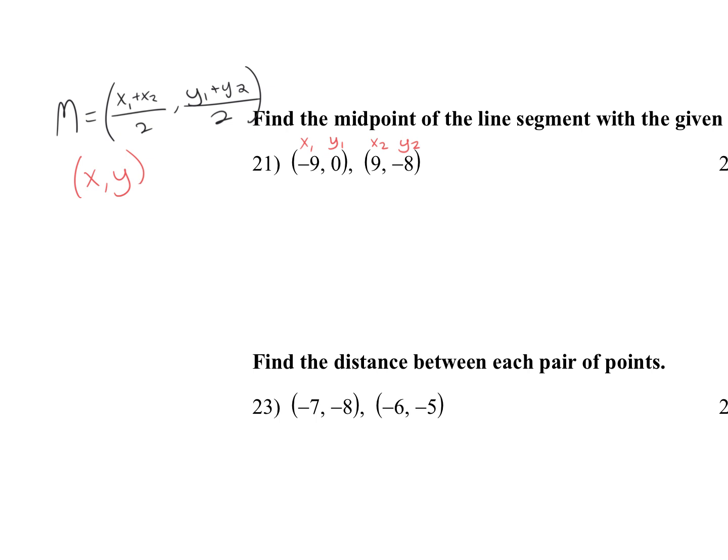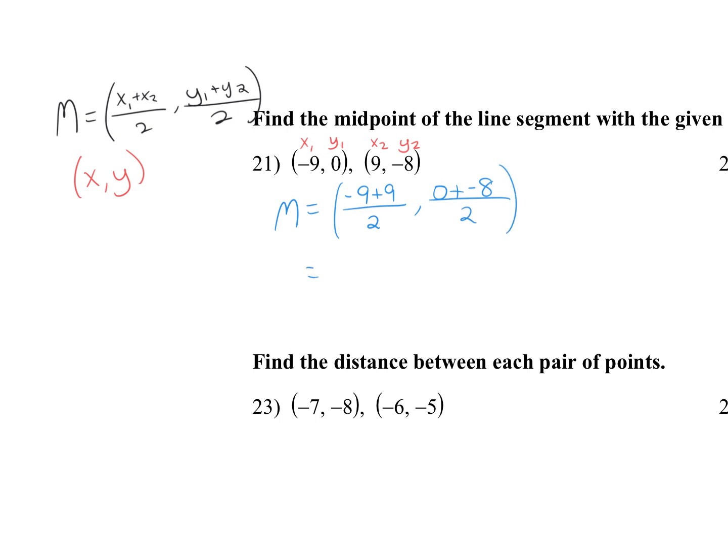So plugging it into our midpoint formula, what is my x1? -9 plus 9 divided by 2. Are you ever going to divide by anything other than 2? No. And then y1 is 0 plus -8 divided by 2.